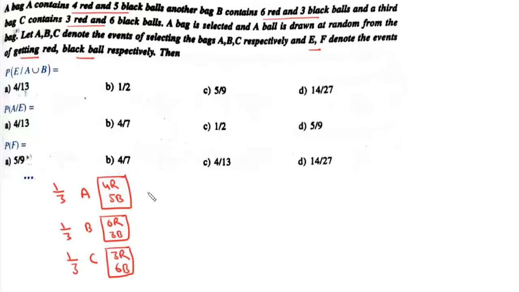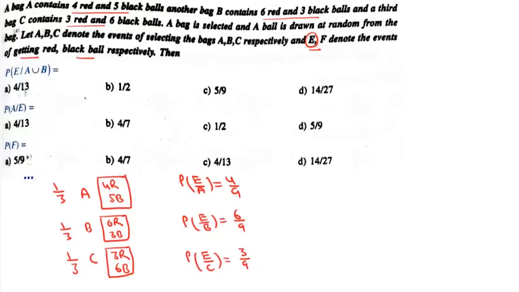Now the probability of event E, which is getting a red ball: P(E/A) is 4 by 9, P(E/B) is 6 by 9 and P(E/C) is 3 by 9.